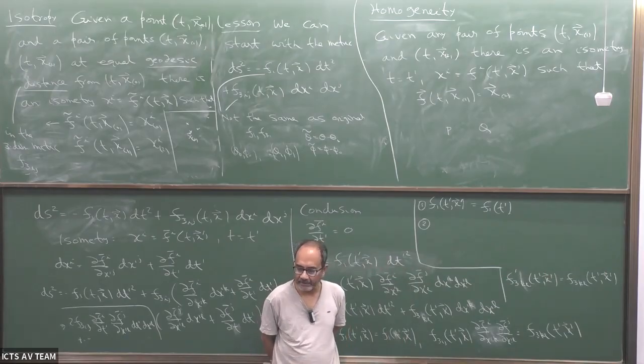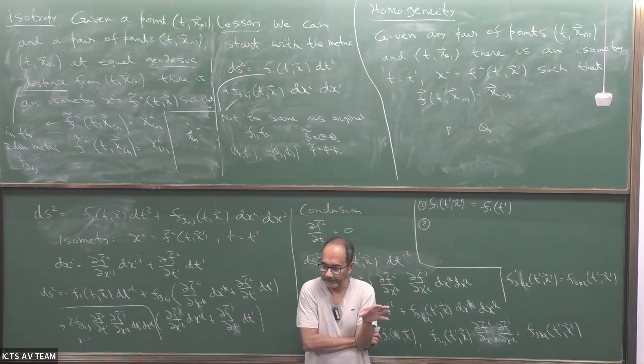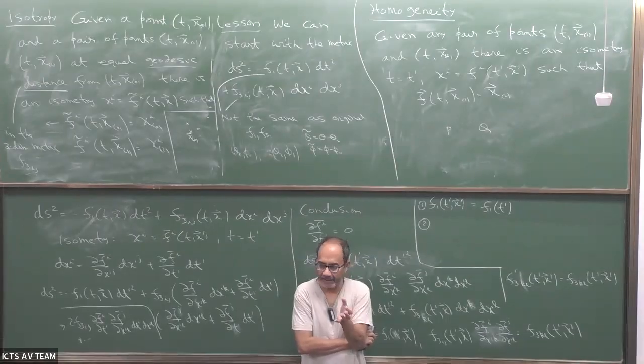This kind of relation we have seen earlier. What does it physically mean? That under a general coordinate transformation, the functional form remains the same. Which means that this can be thought of as an isometry of this three-dimensional metric. If you think of F3ij as a three-dimensional metric, forget about time now, time is a fixed value, just a parameter.